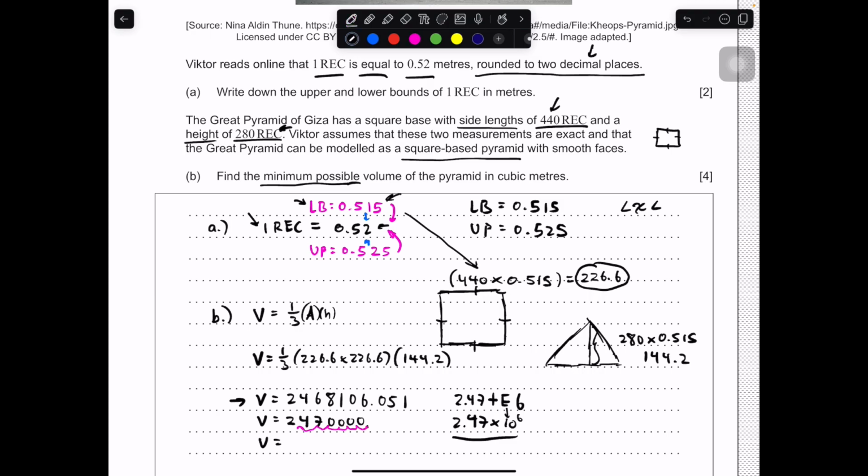And then we would get 2.47 times 10 to the 6 hops. Essentially, we're multiplying by 10 to the power of 6. All right, and that would be our minimum volume in meters cubed.